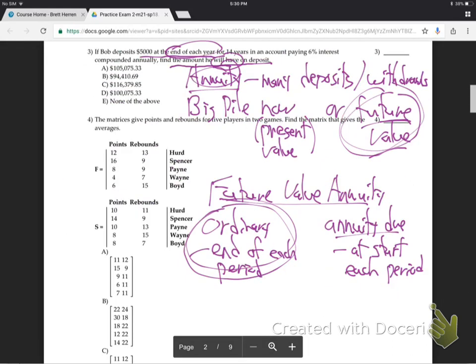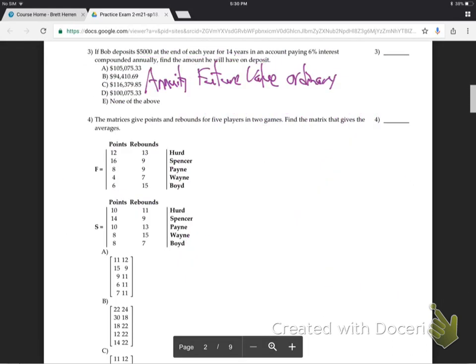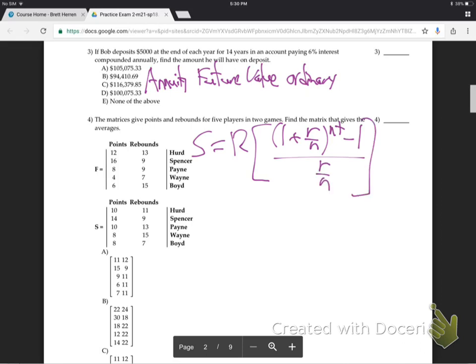So we'll use the future value, ordinary annuity formula, and that is S equals R times (1 plus r over n) to the nt, minus 1, over r over n. Okay, so what did they give us? He deposits $5,000.